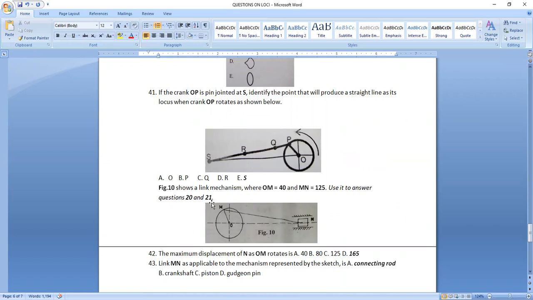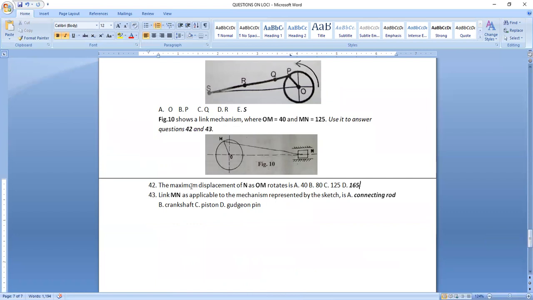And we have to use this question to answer question 42 and also 43. So here we have question 42 says that the maximum displacement of N... okay, we are given some values here. So we have a link mechanism where OM is 40 and MN is 120.